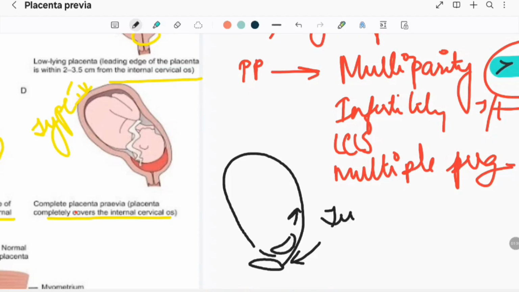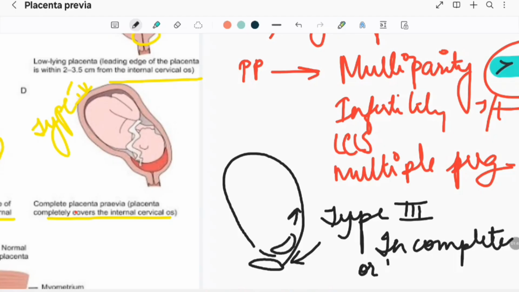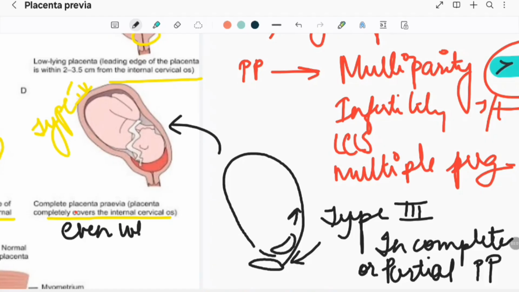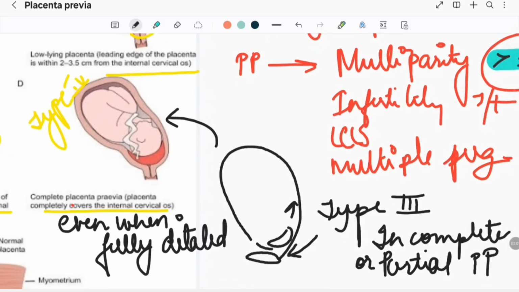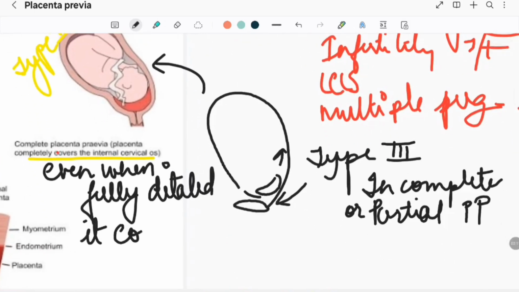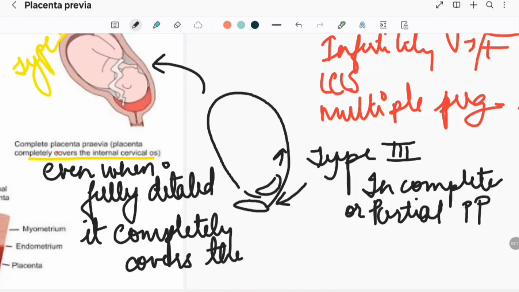So that is type 3, incomplete or partial placenta previa. Whereas in type 4, even when fully dilated, it completely covers the os. So these were the types and degrees of placenta previa.